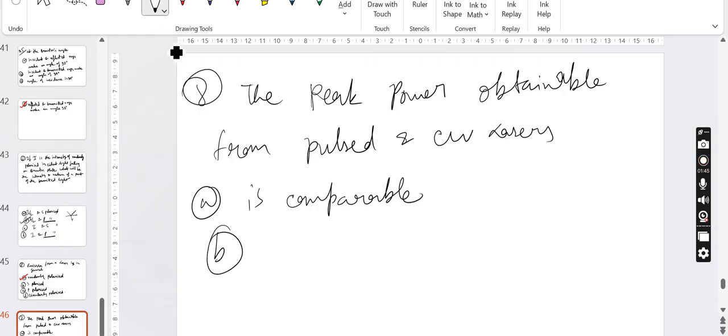B, is significantly less for pulsed laser.